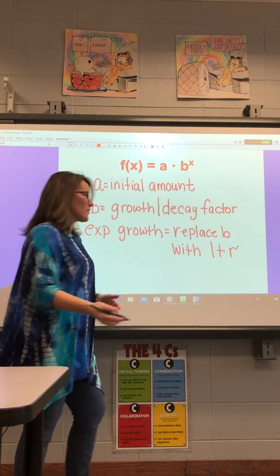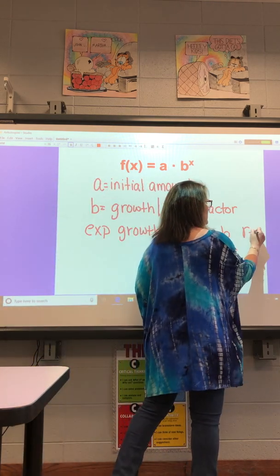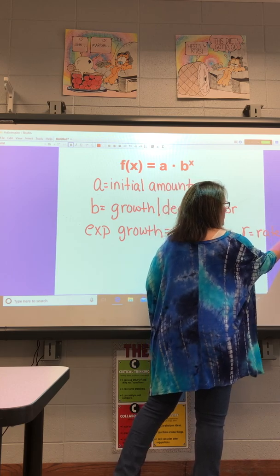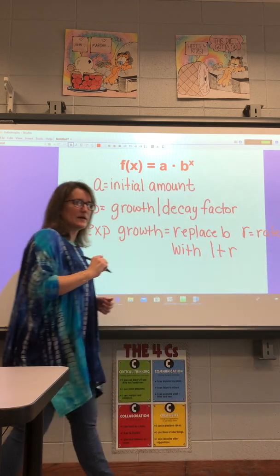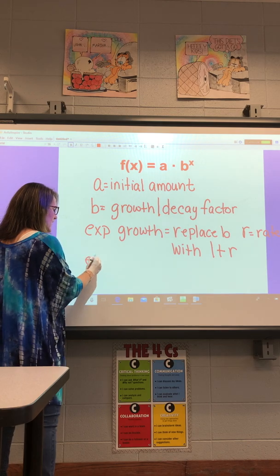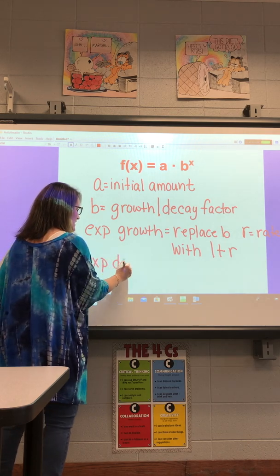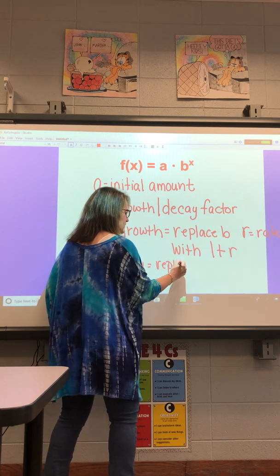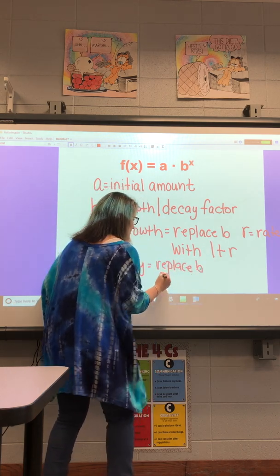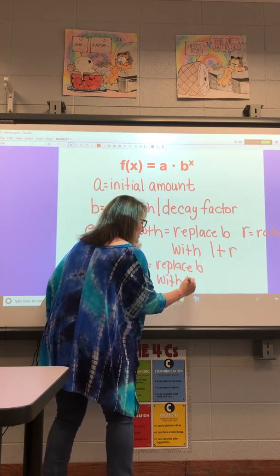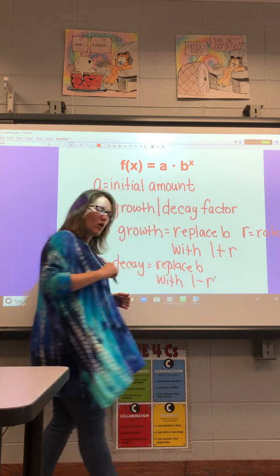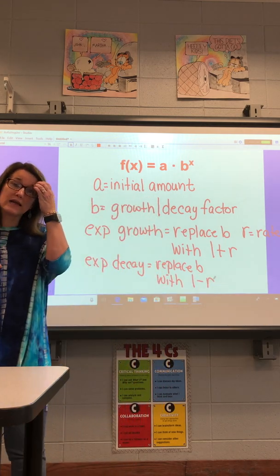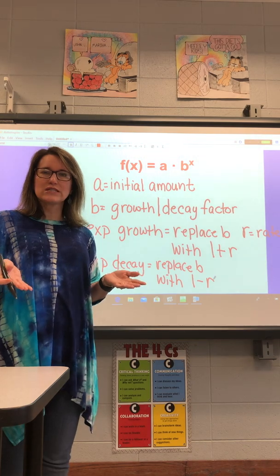Well, what is R? R is your rate. It's going to be a percent. Okay? Now, if you're dealing with exponential decay, you are going to replace B with 1 minus R, which again will be 1 minus your rate, or 1 minus your percent as a decimal, okay?